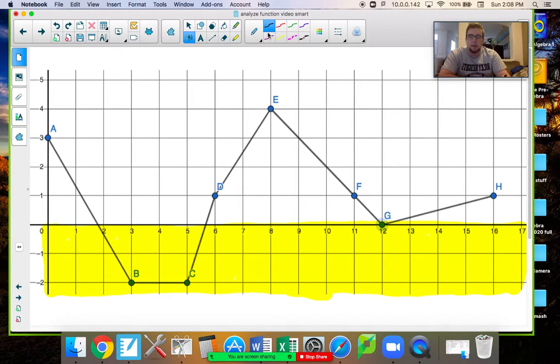Grab my pen again. Our x-axis, since I have some room right here, this is going to be the time in minutes, just like the last one. And this is our distance from the other racer.